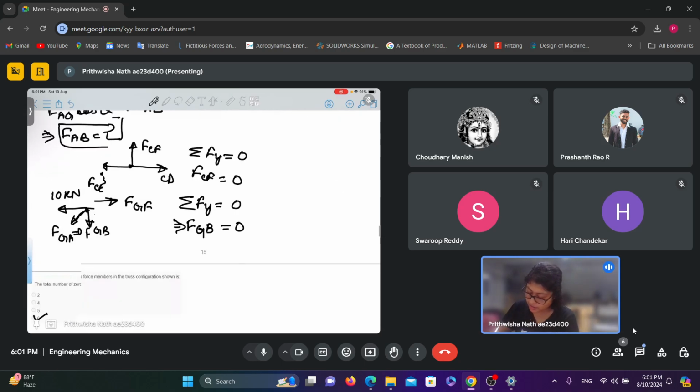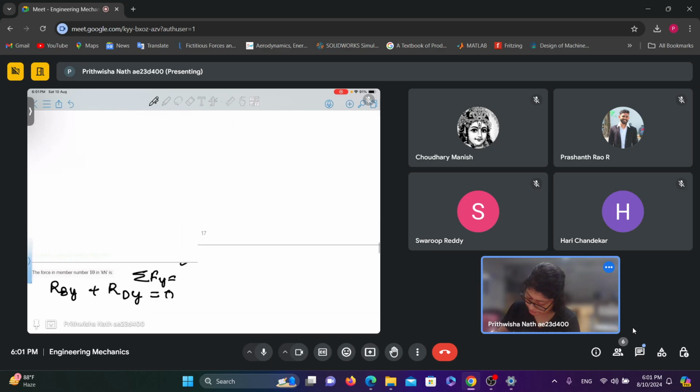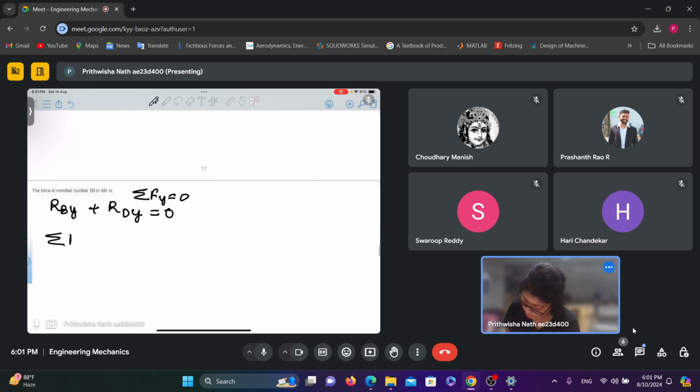Now similarly in x direction, R dx equals 10, right?